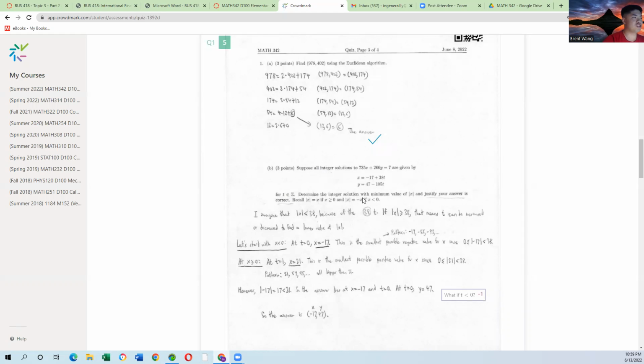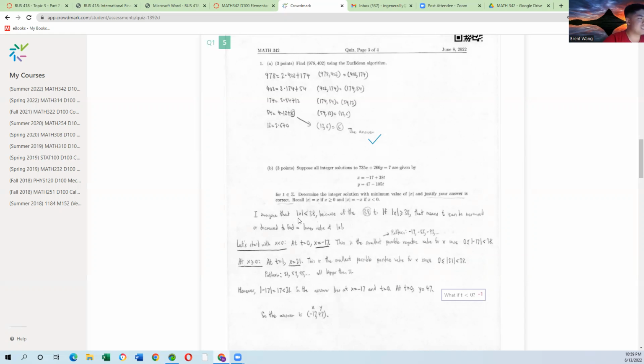Determine the integer solution with the minimum value of the absolute value of x, and justify your answer is correct. I felt like I couldn't be the only one in this class to think this was suspiciously too easy. I almost ended up not answering this question.